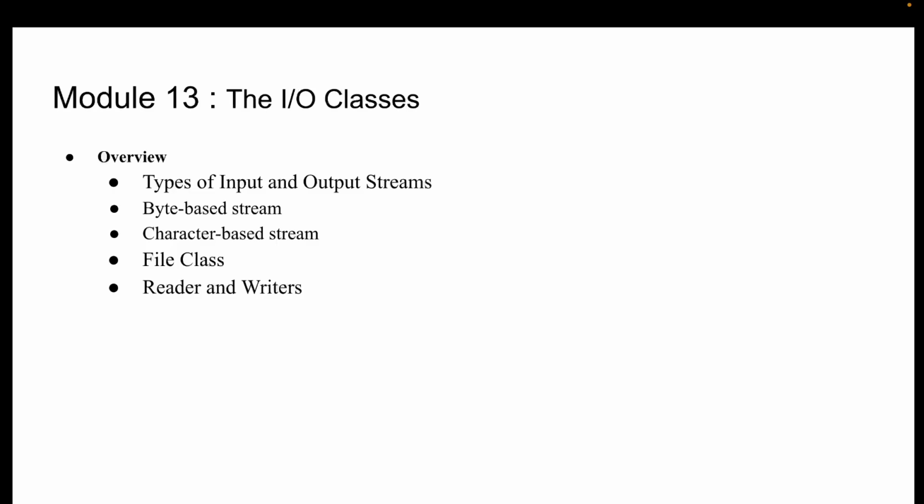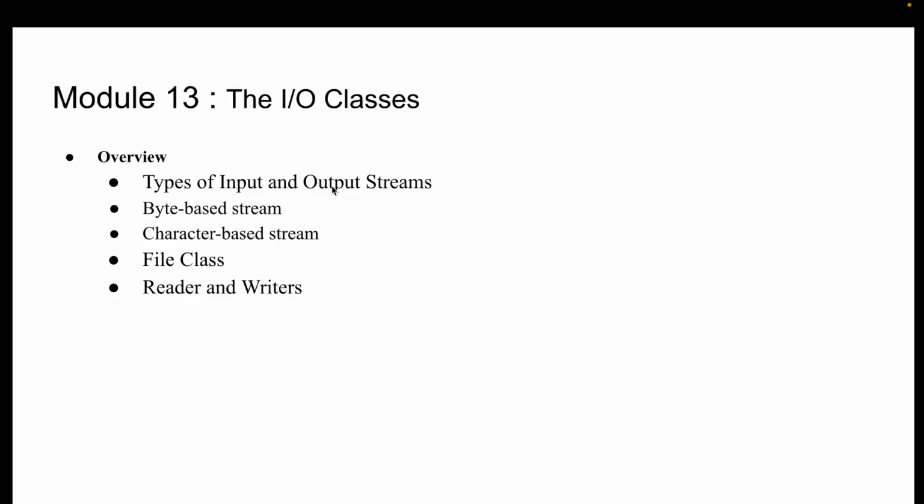And there are also requirements sometimes that you might need some input from the keyboard, or you might need to send some data to a particular drive, or you want to transport some data over the network. So in that case you will need the help of these input output classes.